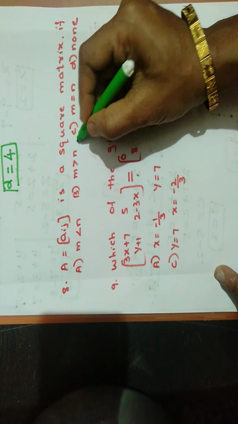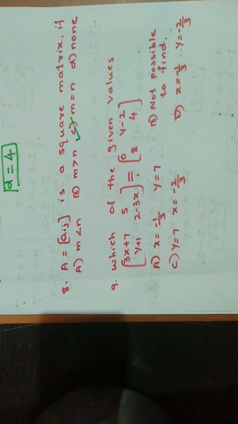Here option C, that is m is equal to n. The number of rows is considered as m and the number of columns is considered as n, so option C, m is equal to n.